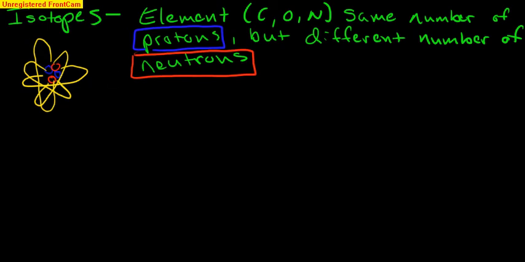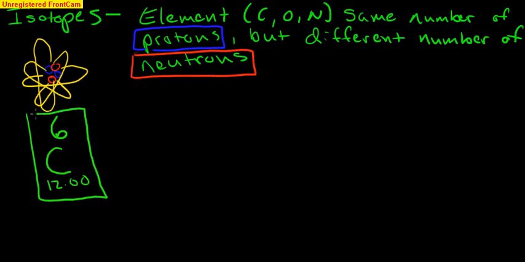If we look back at the periodic table, we looked at carbon, represented by number 6. C represents what it is, carbon, and we said it had an average weight. So we know this has a weight.